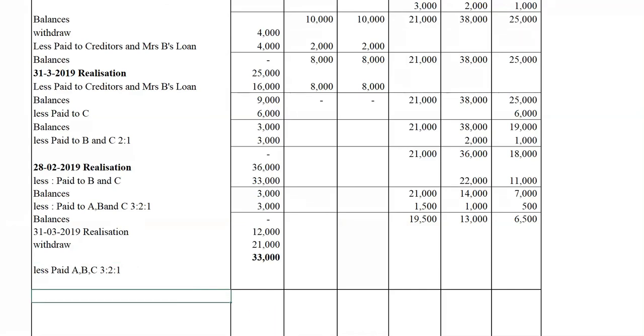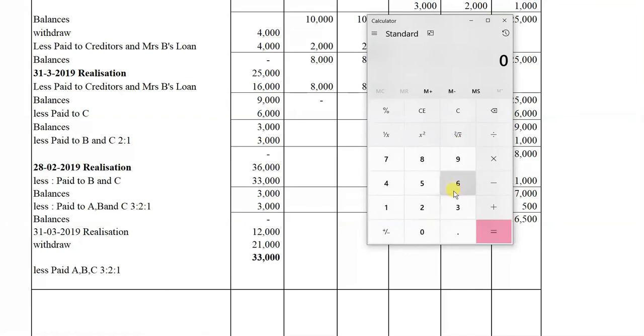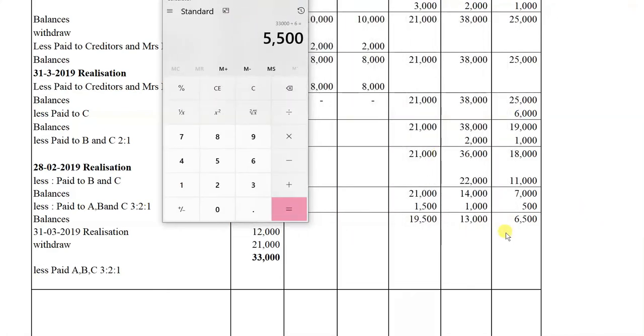So 33,000 divided by 6 is equal to 5,500.